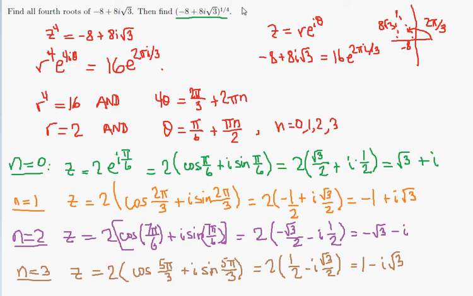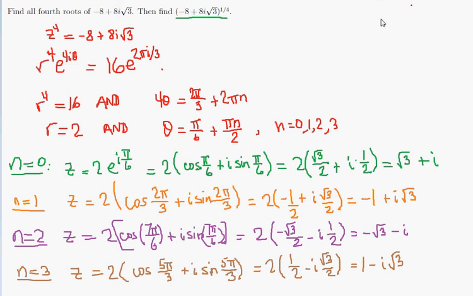Okay, and before we finish, let me actually plot these and see where these 4 numbers appear in the complex plane. So if we have the complex plane, the first one in green is at square root of 3 plus i. The second one in orange is at negative 1 plus i square root of 3.